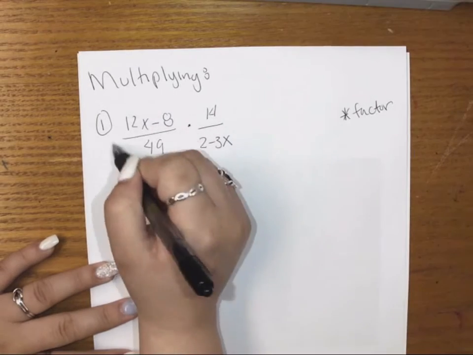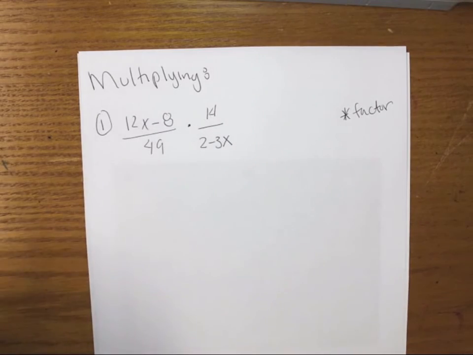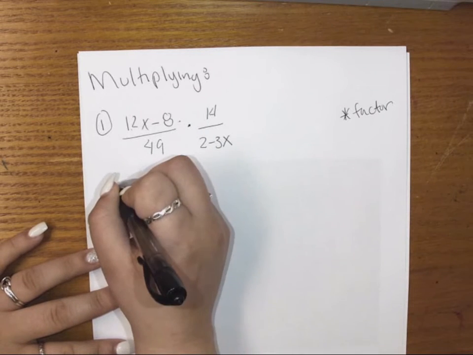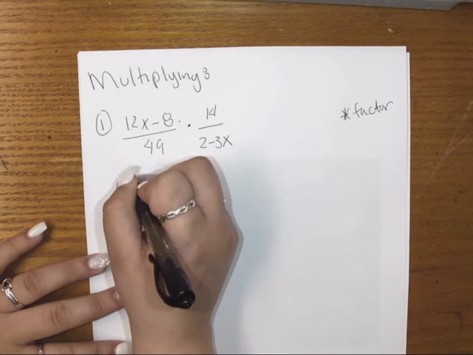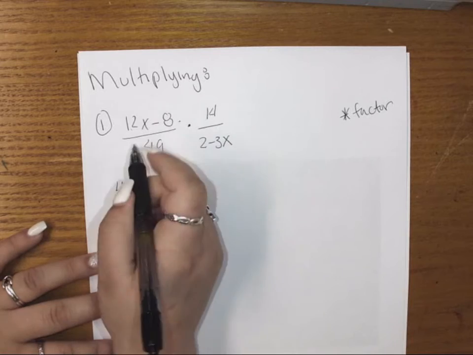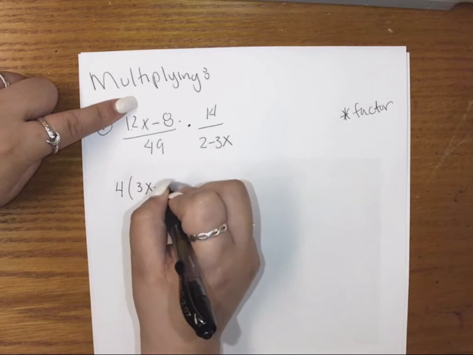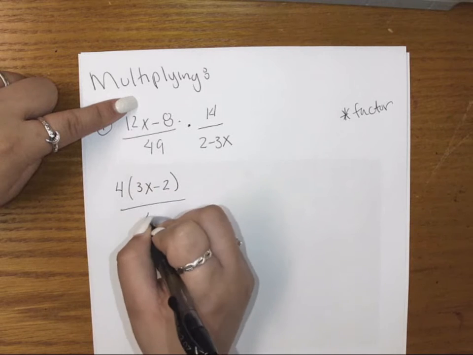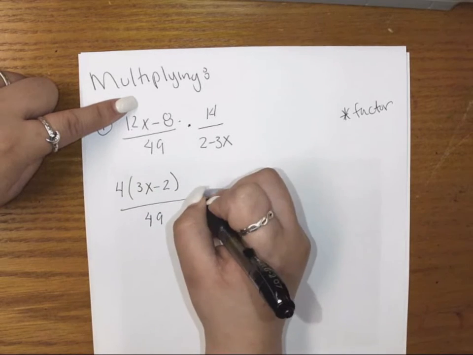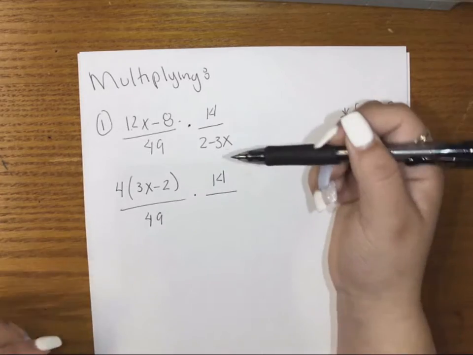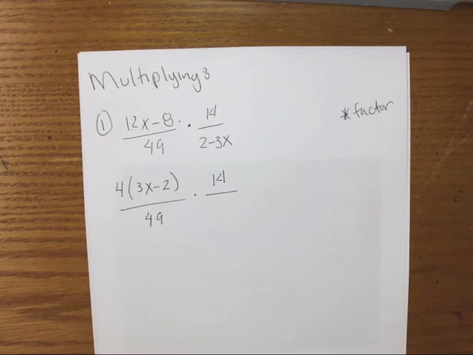So you have to look at this one and see if anything factors. I see that we have a 12 and an 8, and they have a 4 in common, so I factor out 4, and we're left with 3x minus 2. Times 14 over 2 minus 3x. You can start looking to see similarities here.